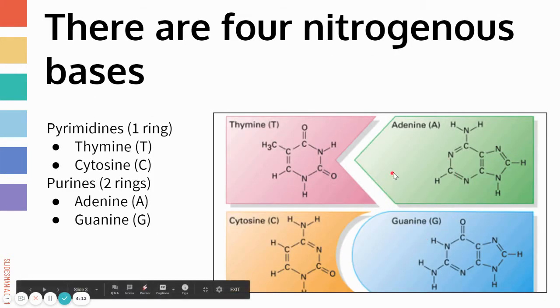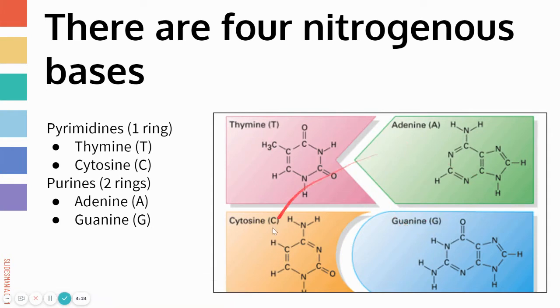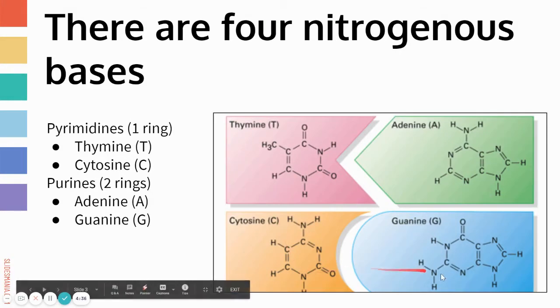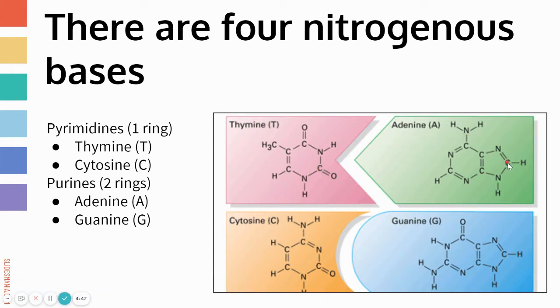So here's a picture of our 4 different nitrogenous bases. We've got thymine, cytosine, adenine, and guanine. Just remember that for each of these, we're only changing out this section of the nucleotide. So only the nitrogenous base is changing. As you look at these pictures, you might notice a couple differences between these molecules. The most obvious difference is that the ones on the left are made up of a single ring, whereas the ones on the right are made up of a double ring. And we have words for these two different types of nitrogenous bases.